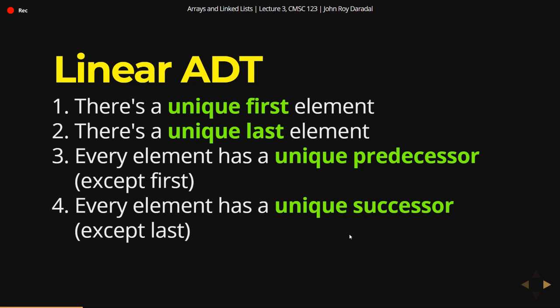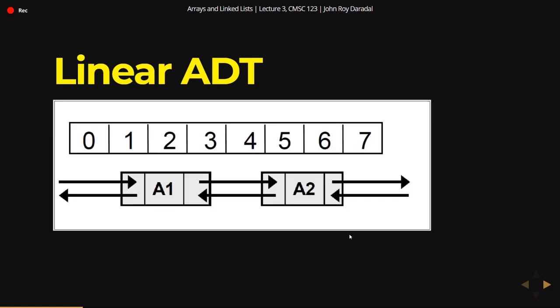And finally, every element must also have a unique successor or a next item, except for the last, since it doesn't have a next item. Okay, so all four conditions must be met for the ADT to be called linear.